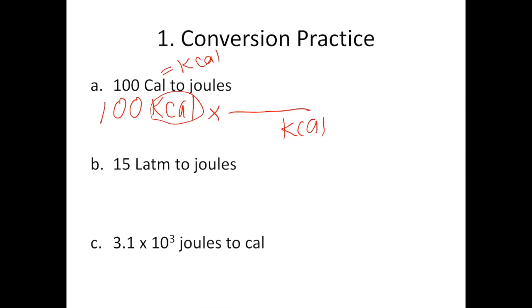Okay, so my conversion, and the unit that we want, will go on top. My conversion was 4184 joules is 1 kcal. So you're going to take 100 times 4184 divided by 1, and you're going to get basically 4.18 times 10 to the 5th joules. I just put it in scientific notation because it was a super big number.